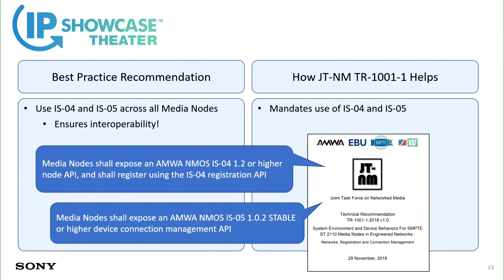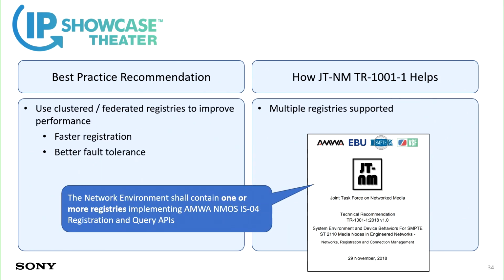And if you're going to follow the technical recommendation, then you have to do that. We found that using clustered or federated registries improved performance. We got faster initial registration and better fault tolerance with redundancy. Multiple registries are very definitely supported in TR 1001-1. In fact, it says you can have 1 or more registries, so that's fine. So we definitely recommend doing that.